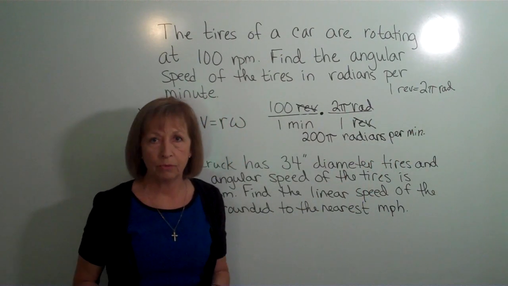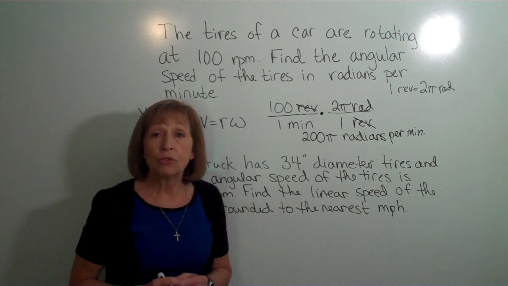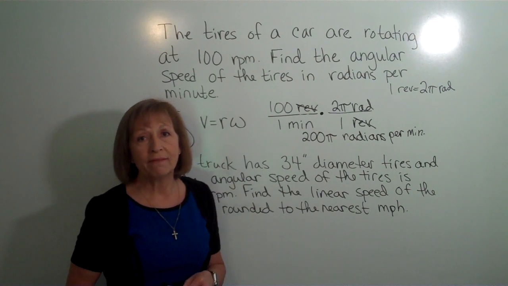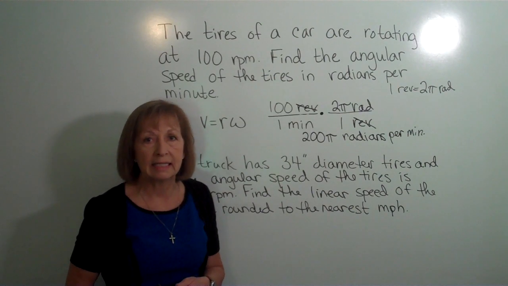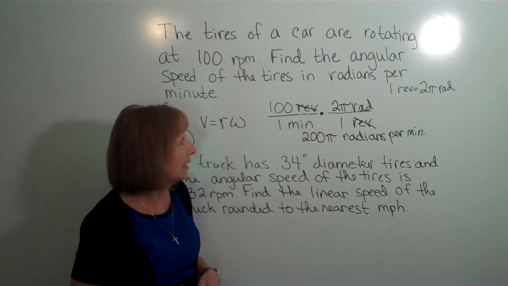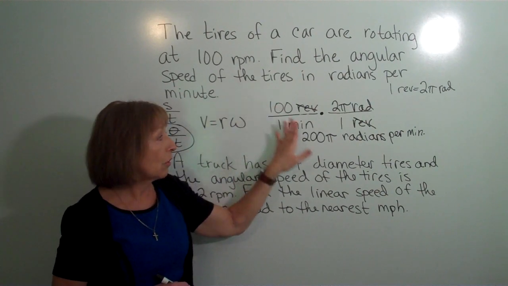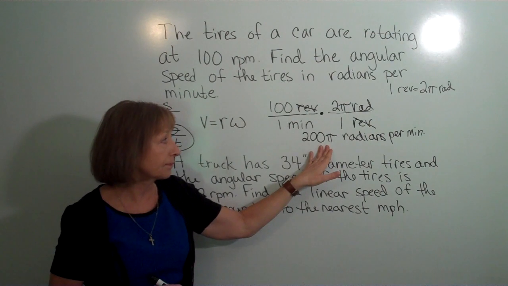Now, all the way through this course, or your work with trigonometry, you want to leave your answer exact, and then after you have the exact answer, go ahead and approximate to what they asked the approximation to be. Here it did not ask to give an approximation, so I'll just leave it as 200 pi radians per minute.